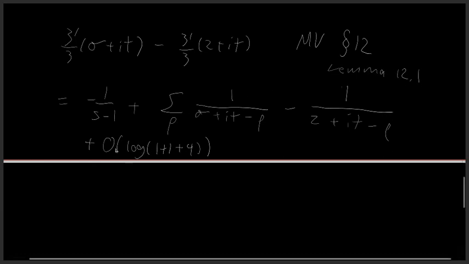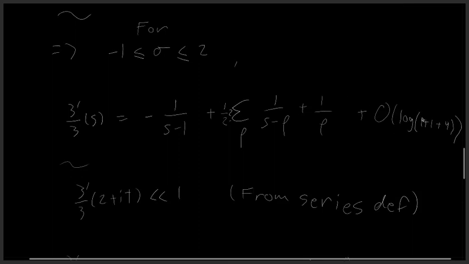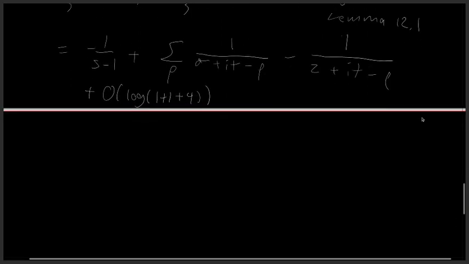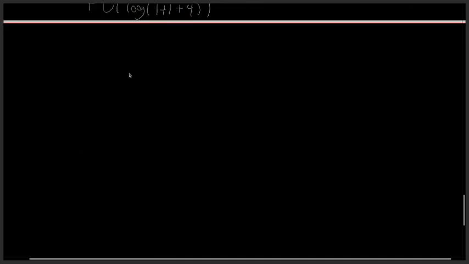In fact, they say that here this is plus O of 1. I guess that's because where we're getting the sum, maybe you get the same thing from both terms. It's not clear from exactly how I've set it up that this is actually O of 1, but Montgomery-Vaughan says this is in fact O of 1. I will leave it as is, and hopefully we still get the same result.